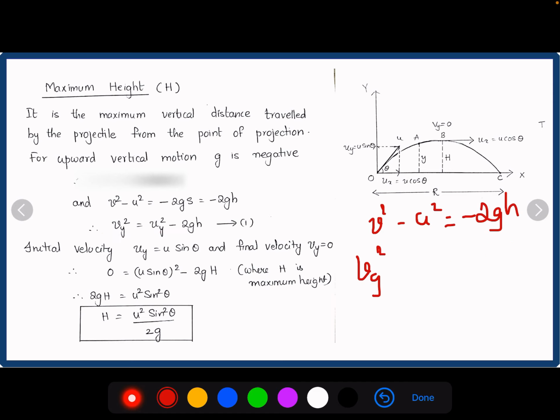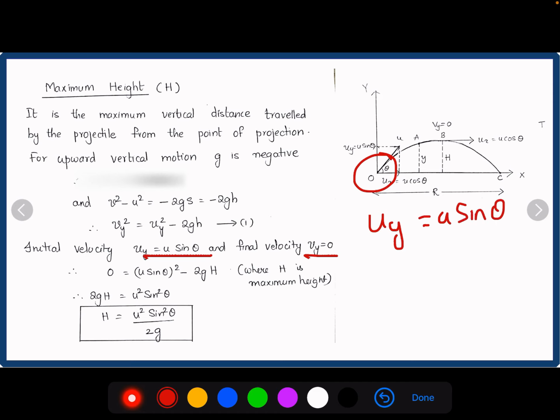Now coming to the point, initial velocity uy is u sin theta and final velocity vy is equal to 0.